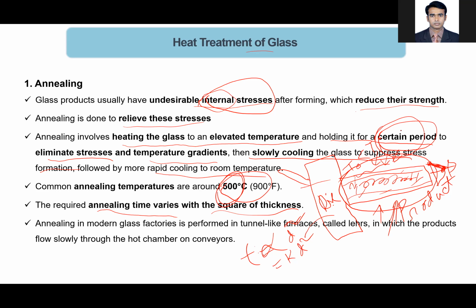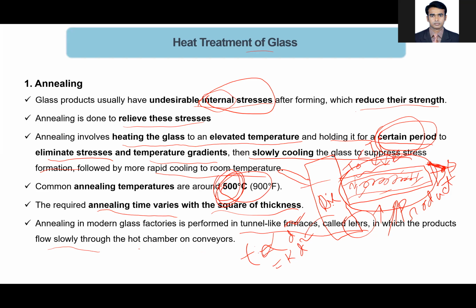The annealing in modern glass factories is actually performed in a tunnel-like furnace called a lehr, in which the products flow slowly through the hot chamber on a conveyor. That means it's a kind of continuous process. When glass sheets are coming out of the die, they move through the annealing chamber, a very long chamber where the temperature is kept at about 500 degrees Celsius.